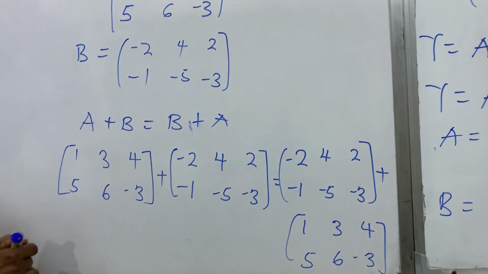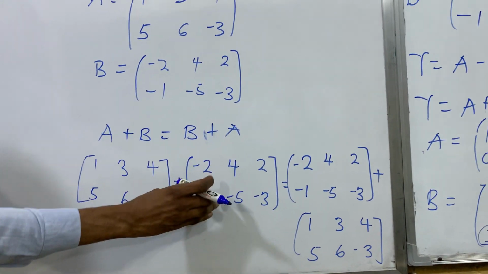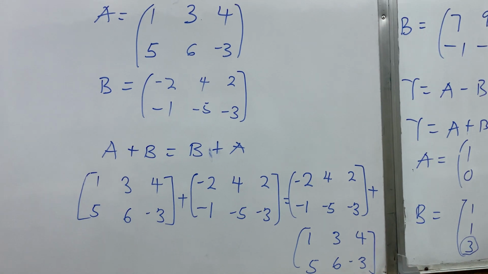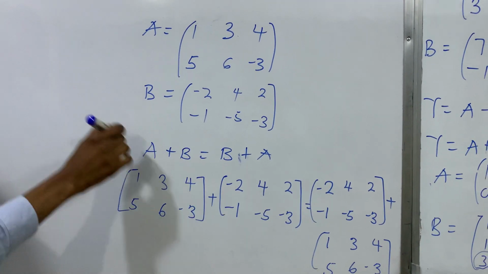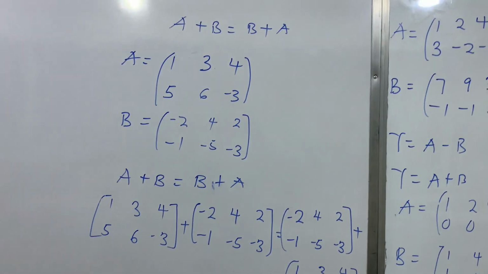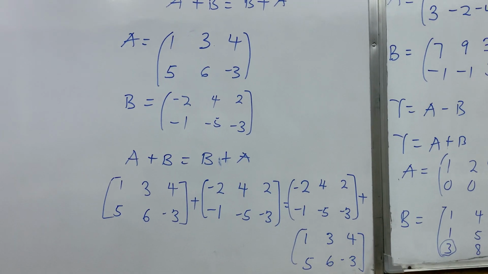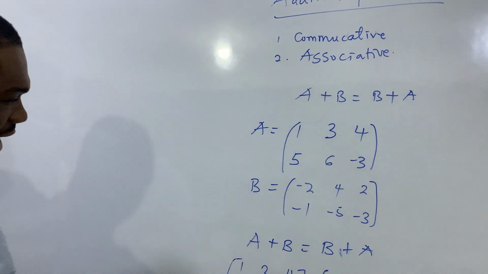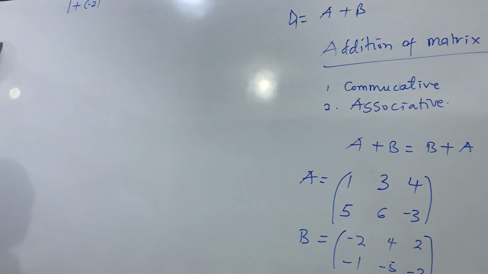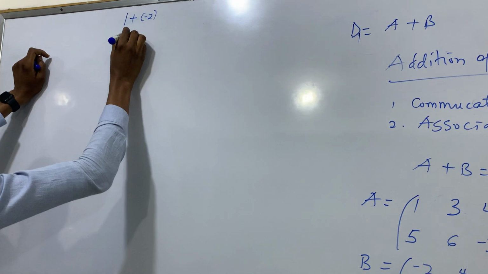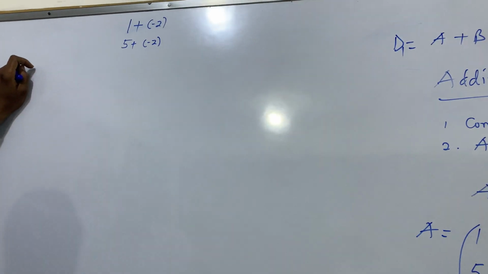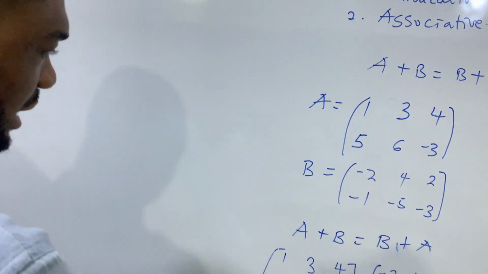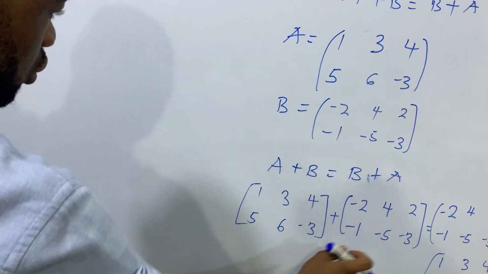As the theory says, row to row. So for the first row we say 1 plus minus 2, and 5 plus minus 1. Now we come to the second row with the second row.